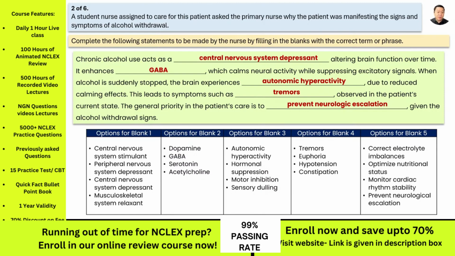The goal here is to stabilize the patient's neurological status and also to prevent complications that could become life-threatening. So the rest of the options are incorrect, such as correct electrolyte imbalances.